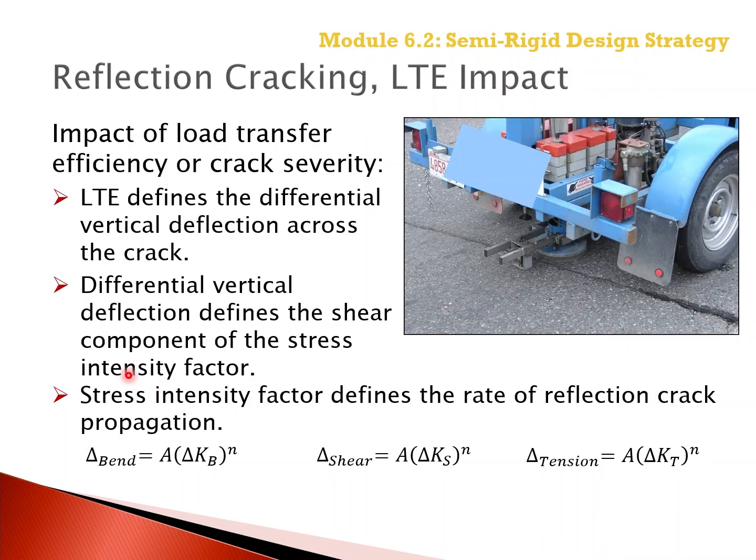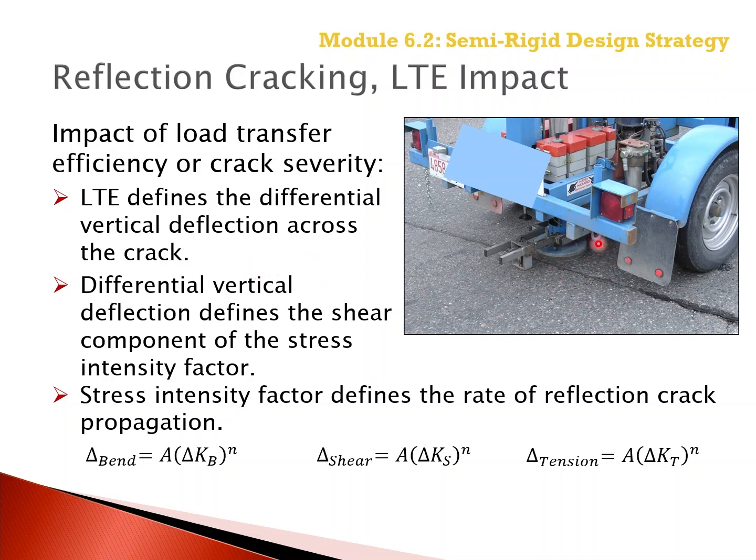So what is the impact of low transfer efficiency or crack severity on the reflection cracking? The low transfer efficiency defines the differential vertical deflection across a crack measured at the surface of the semi-rigid pavement.